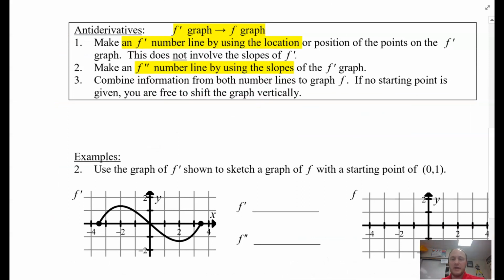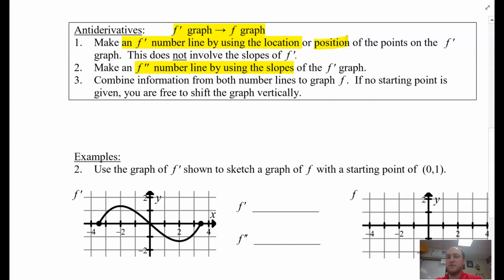Antiderivatives. An antiderivative is the opposite of a derivative. It's going backwards. You can go from a function f prime to f. Here's our step process. First, we make an f prime number line by using the location, the position, of the points on the f prime graph.